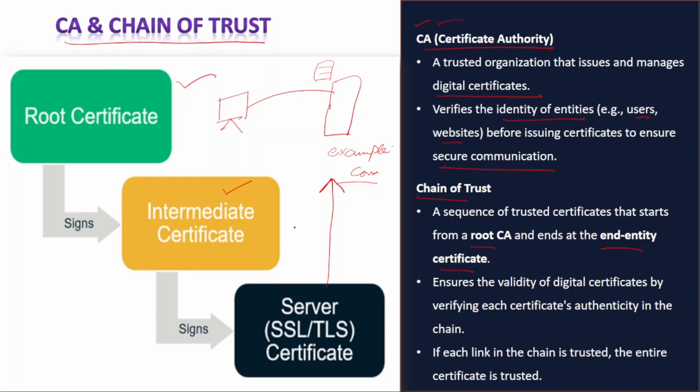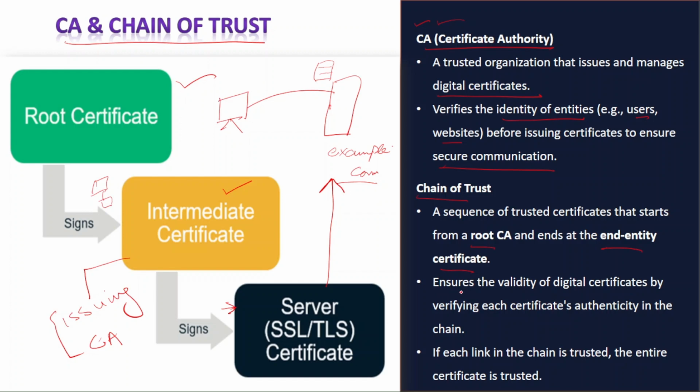The final CA that issued the certificate is also known as the issuing CA. So after the root certificate, there may be another intermediate CA, another one, and then finally the final CA, which is known as the issuing CA, that actually issues the certificate.